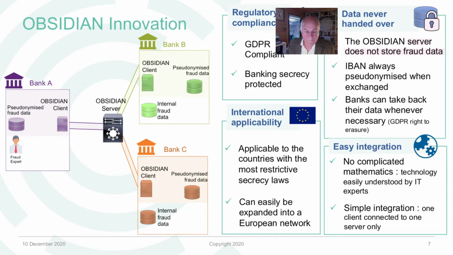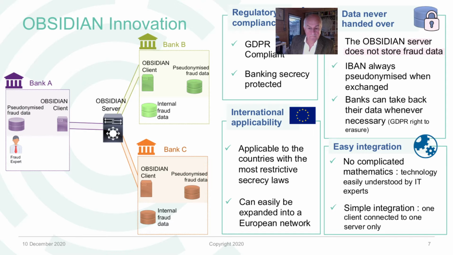This architecture design, coupled with the cryptographic technologies we use, brings three desirable properties. The first one is that we are compliant with the GDPR and banking secrecy. The second one is that because we are compliant with banking secrecy in the most restrictive countries, we know we can expand the architecture and the network into a European network very easily.